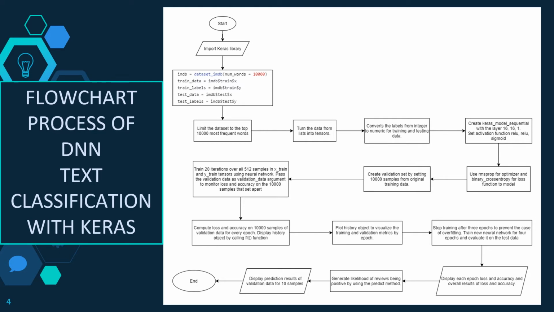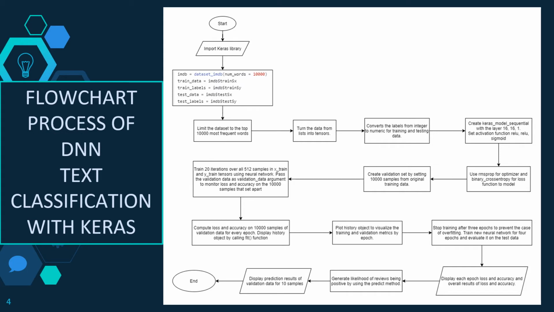And then limit the dataset to the top 10,000 most frequent words, and then turn the data from lists into tensors, and convert the labels from integer to numeric for training and testing the data. Then create keras_model_sequential with layers 16, 16, 1, set the activation function ReLU and sigmoid, and then use RMSprop for the optimizer and binary_crossentropy for the loss function of the model.